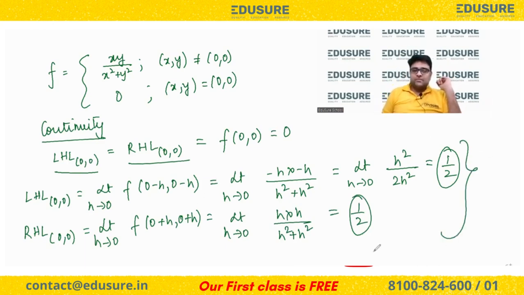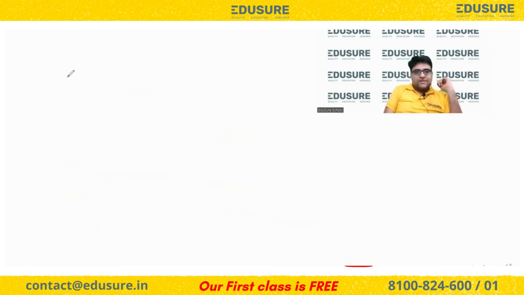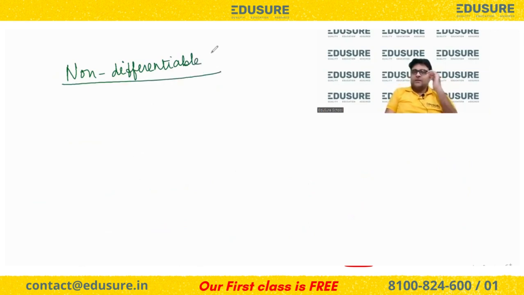So this can be said to be discontinuous. Okay. If it is discontinuous, it is definitely non-differentiable. So it is non-differentiable. ठीक है? So it is discontinuous and non-differentiable.